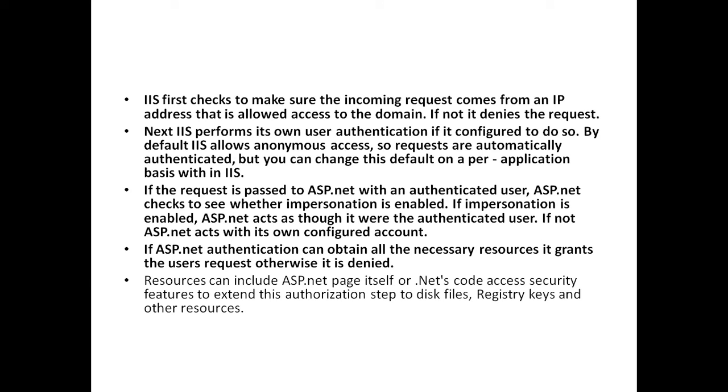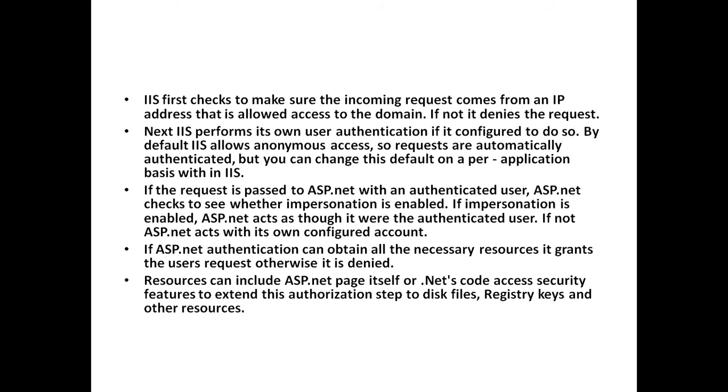If ASP.NET authentication can obtain all the necessary resources, it grants the user request, otherwise it is denied. Resources can include the ASP.NET page itself or .NET Core Access Security feature to extend this authorization step to disk file, registry key and other resources.